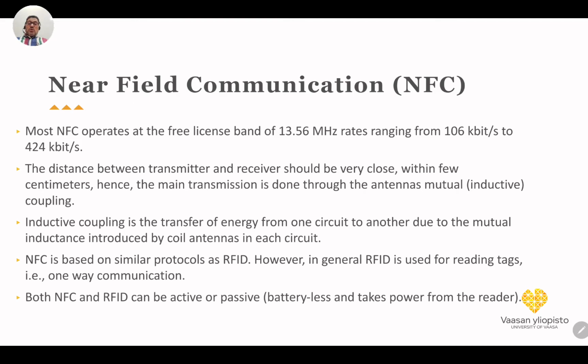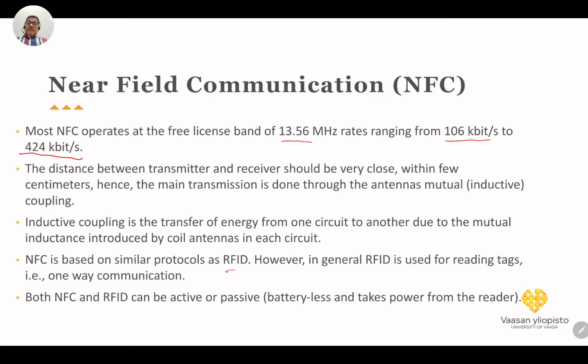However, most of the technology used now is similar to RFID, so it uses inductive coupling. NFC operates in a free license band at 13.56 megahertz, and the data rate is from 106 kilobits per second up to 424 kilobits per second. It is quite limited, not that high.